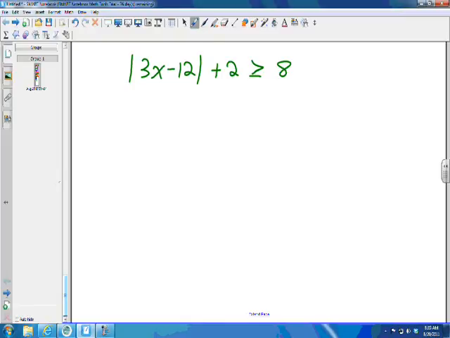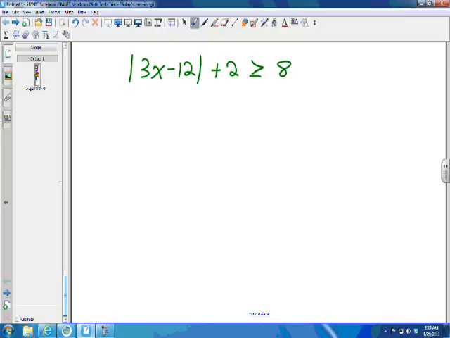What? Okay. That's what you would think, but go ahead and split it up. But first, and that's why I did this example, you got to get rid of that plus 2. It's got to be absolute value by itself before you can split it up. Okay? So right, whoever said that.